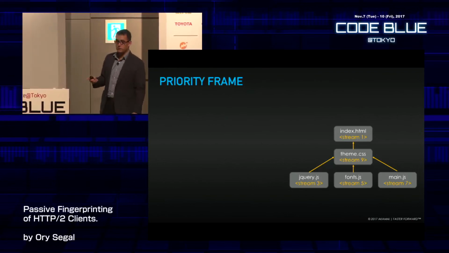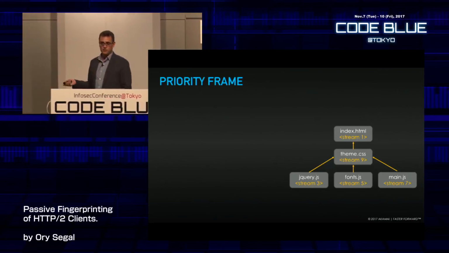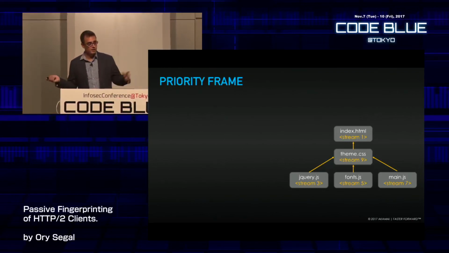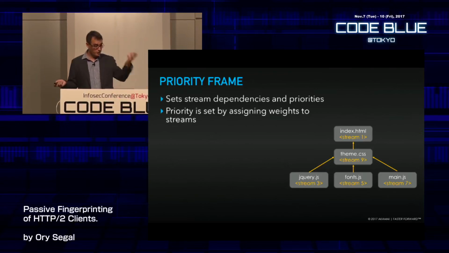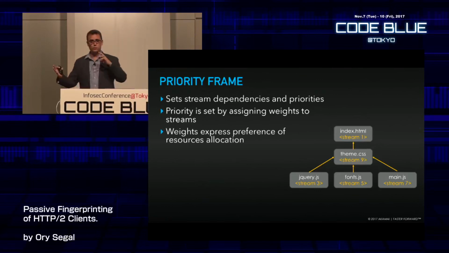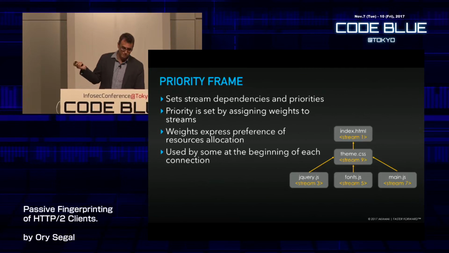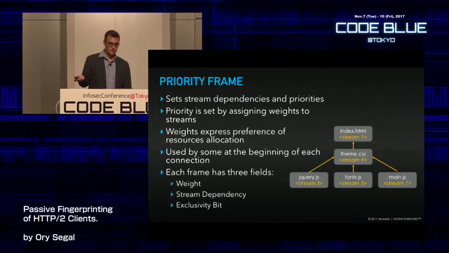That's a very cool feature, by the way, that sadly, at the moment, I believe only Firefox actually uses. However, it exists. So we set the stream dependency and the priority. We assign weights, so who is more important than who. And it's defined in the beginning of the connection, which is good for us for fingerprinting again.